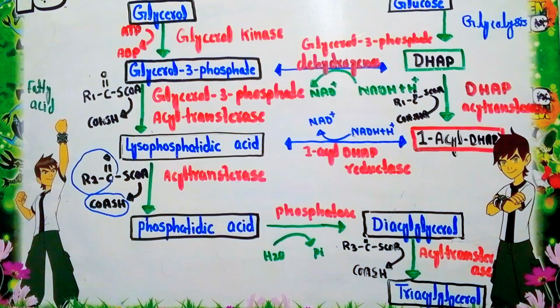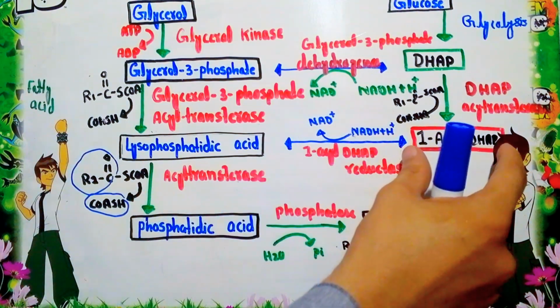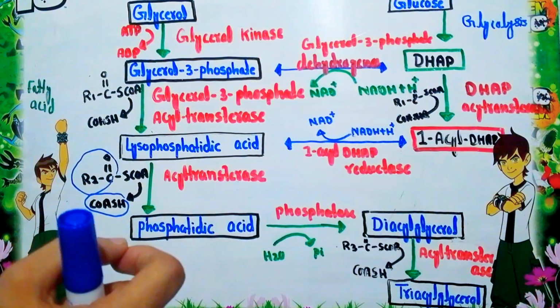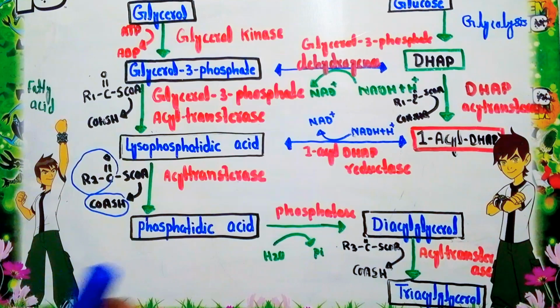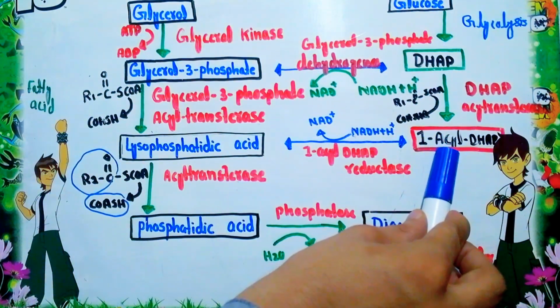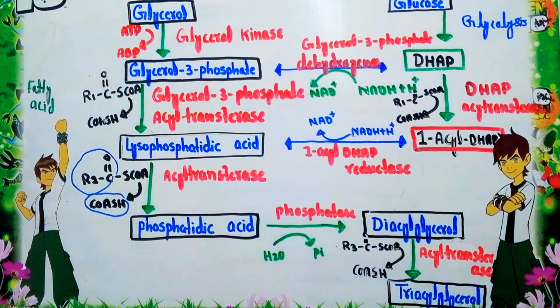Now look here, when this 1-acyl DHAP is formed by the action of the DHAP acyl transferase, one hydrogen is added to 1-acyl dihydroxyacetone phosphate. As a result, this product is converted into lysophosphatidic acid.